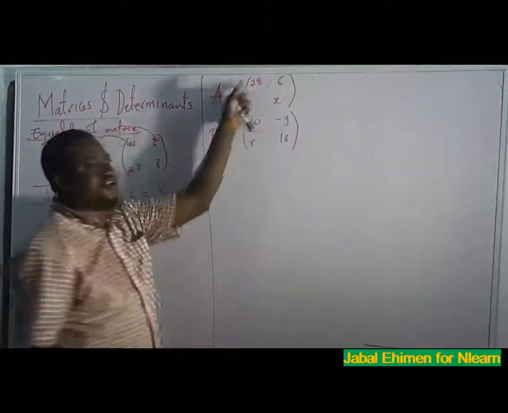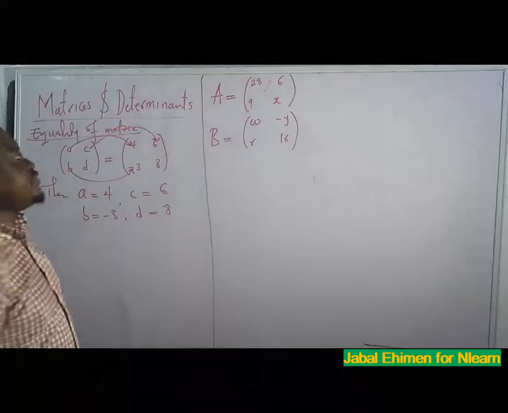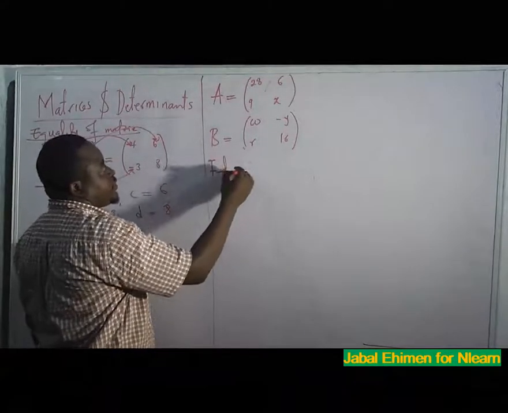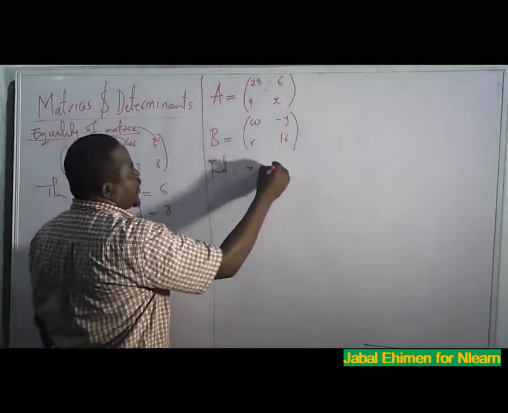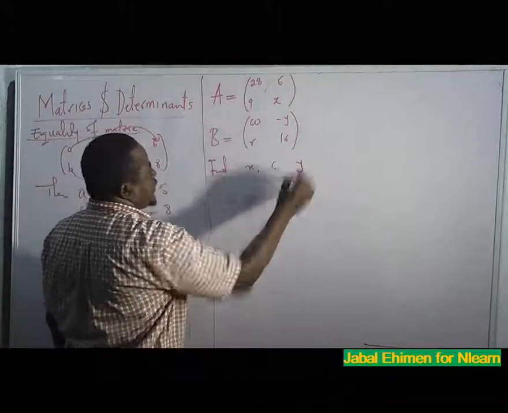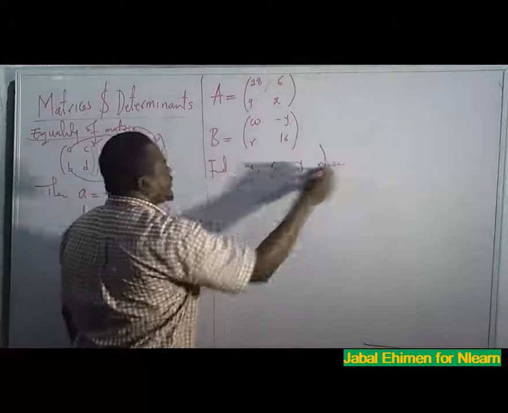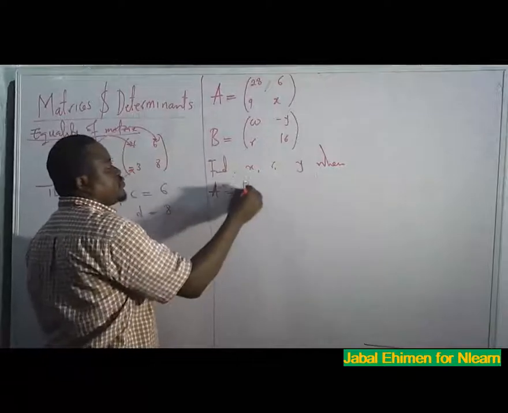If I have these matrices like this, it's easy for me to say find the value of X, R, and Y, if you have to find these values when A is equal to B.